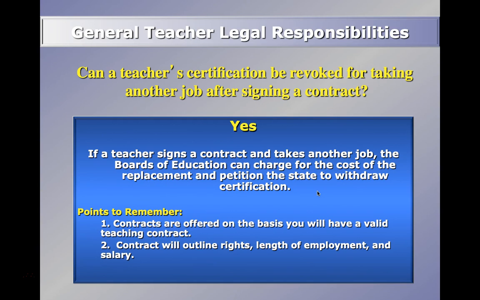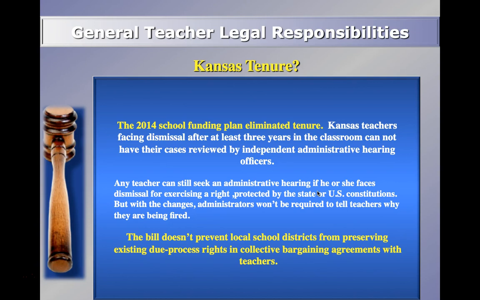Well, that Board of Education that you said no to can charge you for the cost of the replacement and petition the state to withdraw your certification. Now, I've never known it to be done, but it's just not very professional to sign two contracts, because principals talk and superintendents talk, and they have a good contact system, and so that could blackball you for that state if you do something like that. So just know that once you say you're going to take a job, follow through with it.